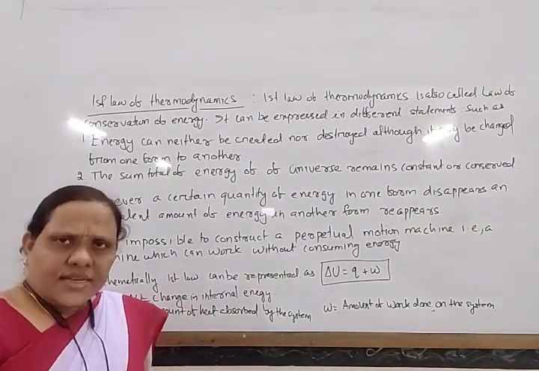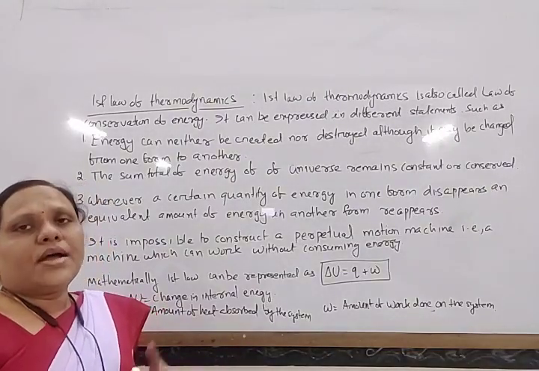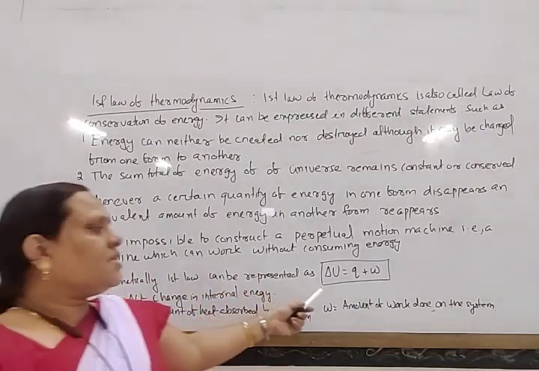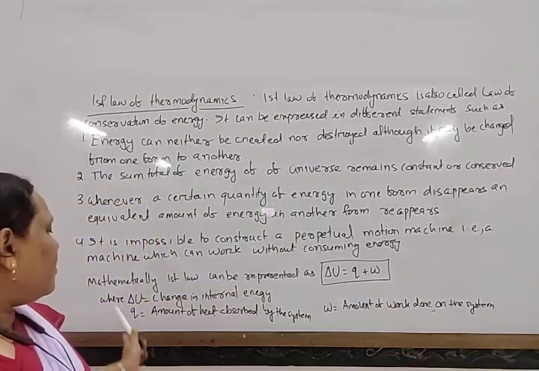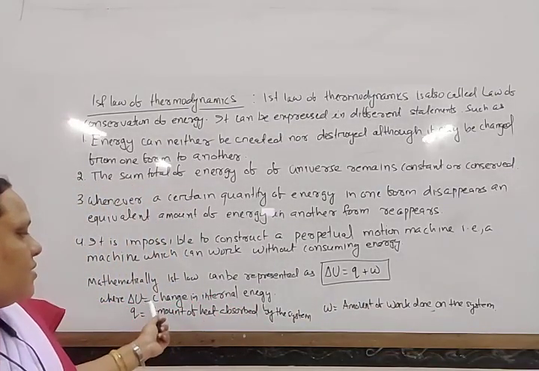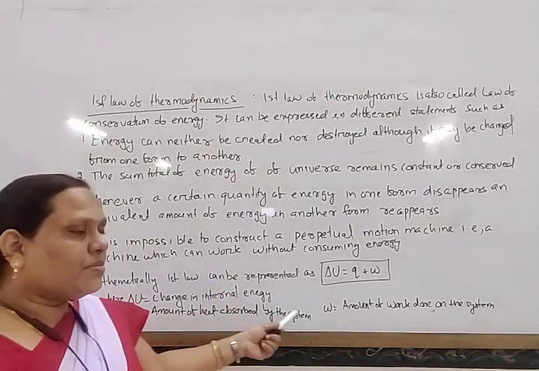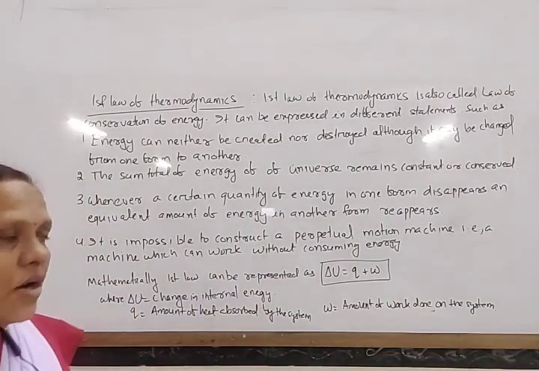The change in energy is due to heat absorbed and work done. So this can be represented as del U equals Q plus W, where del U is the change in internal energy, Q is the amount of heat absorbed by the system, and W is the amount of work done on the system.